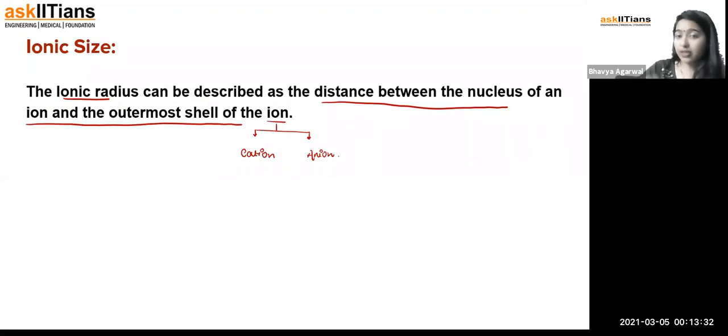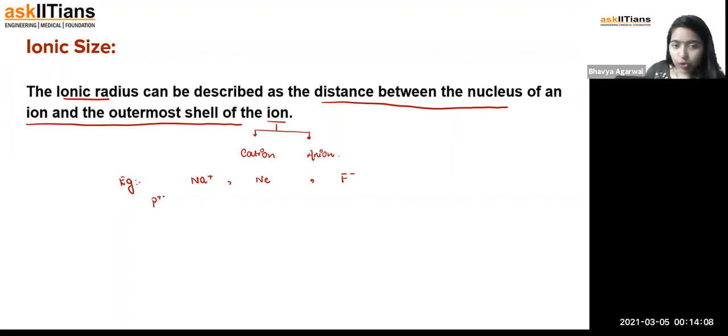Now in this, we have a very important thing when you talk about your cations. Suppose I take an example. Let's take Na+, let's take neon, and let's take fluoride. Neon is neutral, Na+ is a cation, and F- is an anion.